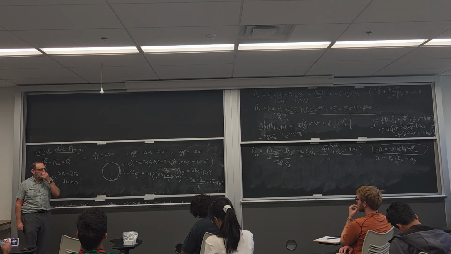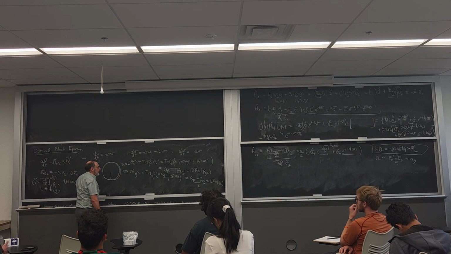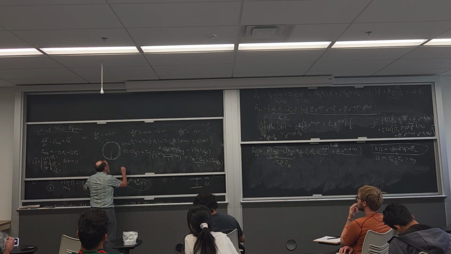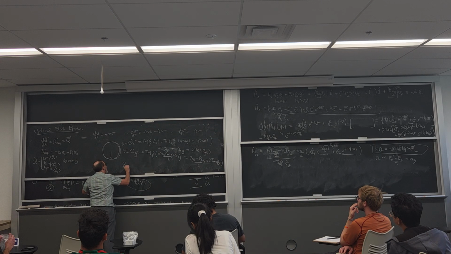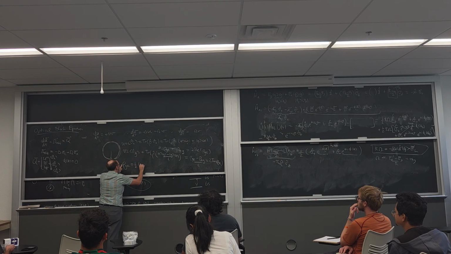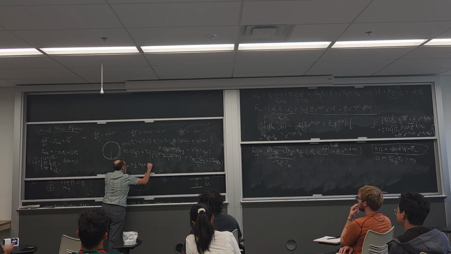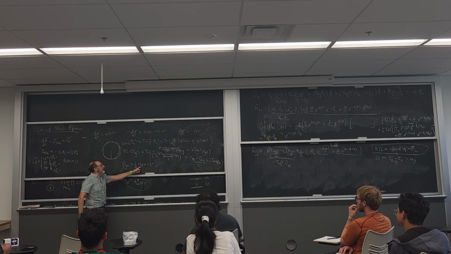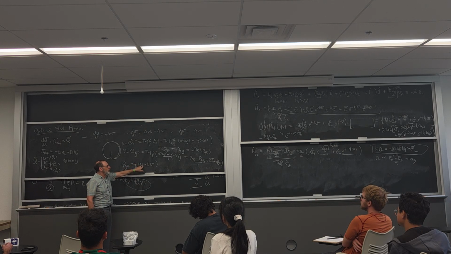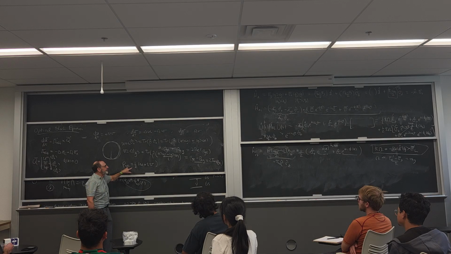Right? Yeah. And so what it tells me is that this off-diagonal element of the density matrix is related to the components of the Bloch vector this way. Up to this factor of half, the U component is the real part of this, and the V component is the imaginary part of this.